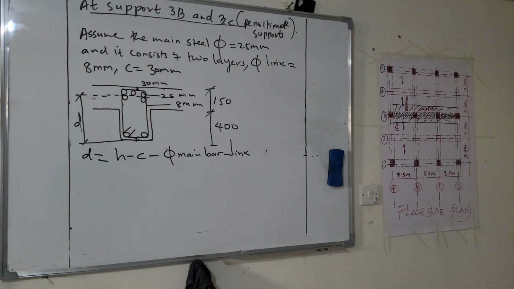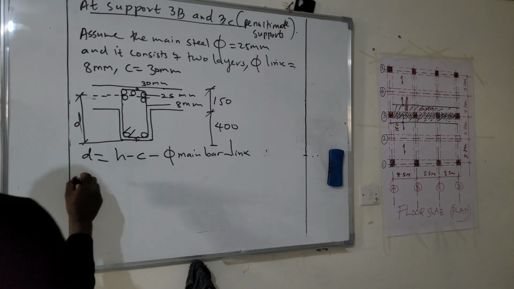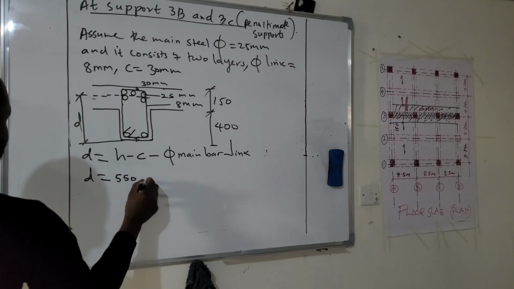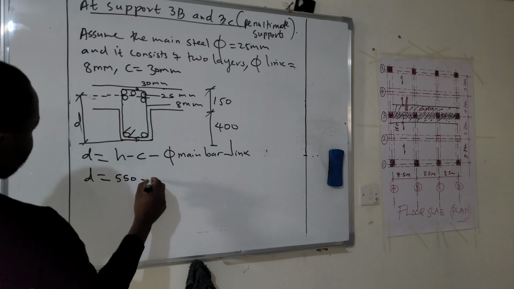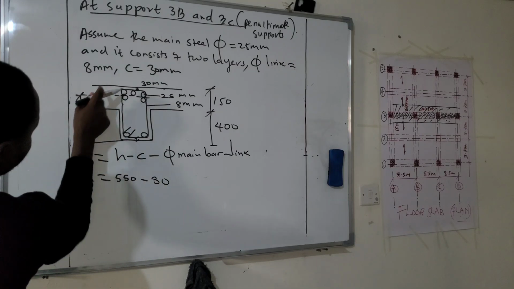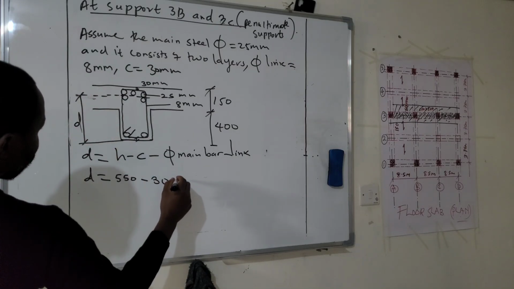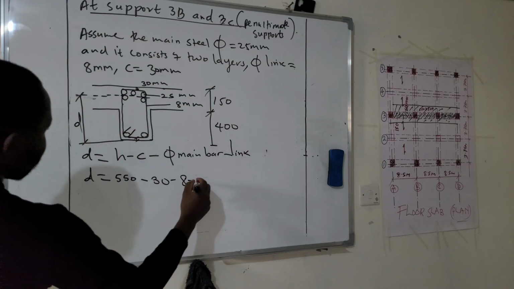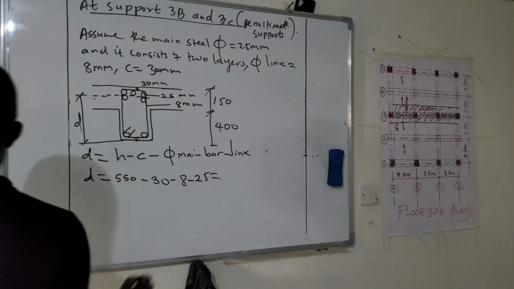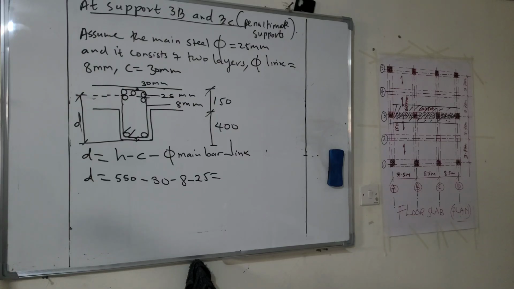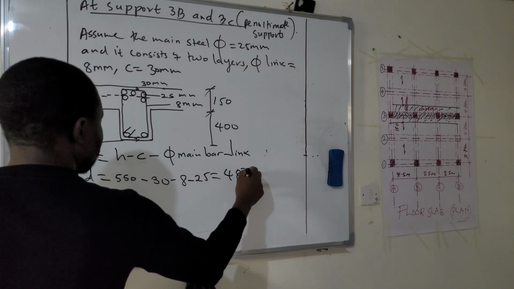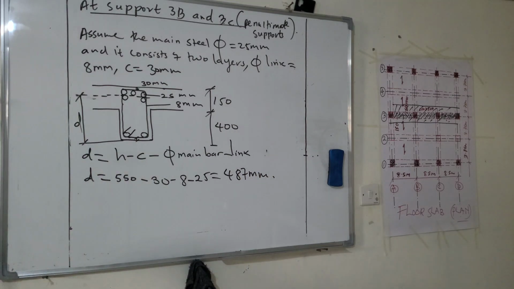So D is equal to H, which is 550, minus cover, which is 30, minus diameter of the link, which is 8, minus diameter of the main bar, which is 25. So this one is equal to 487 millimeter.